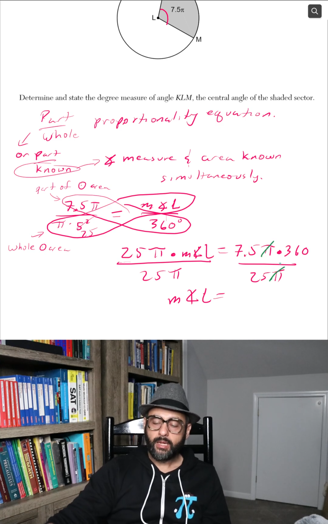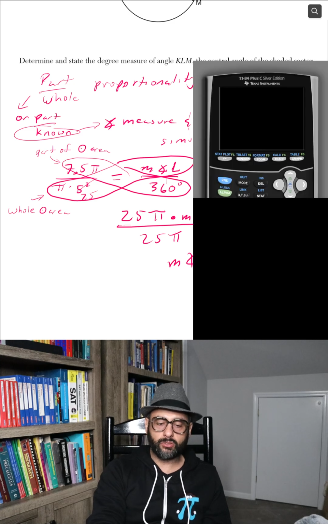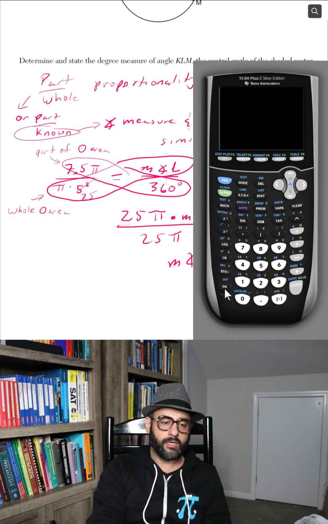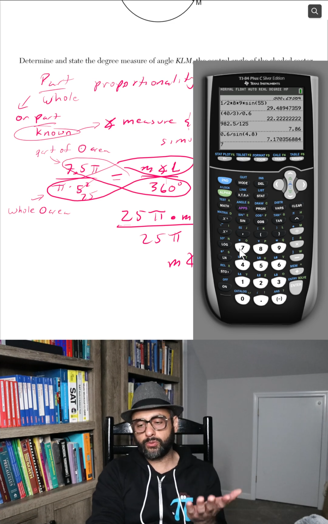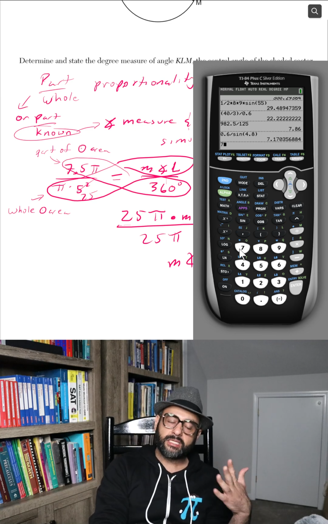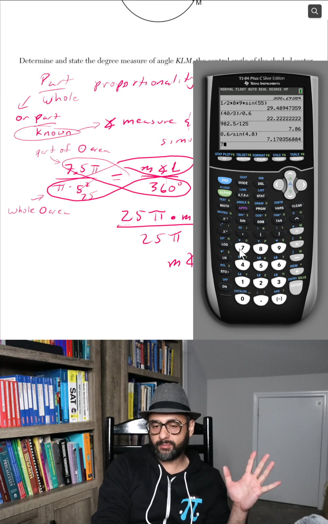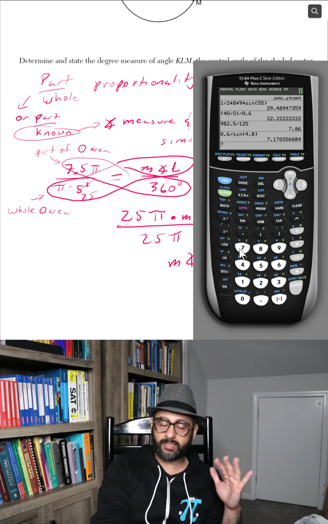Okay, there is more simplification that we could do, but there's going to come a point where I'm going to want to put it in the calculator anyway, so I might as well put it in the calculator now. But what I could do is, 360 is divisible by 5. I could divide by the 5. 7.5 technically is a decimal, so it's not evenly divisible by anything, but I can divide by 5 pretty easily. I get 1.5.